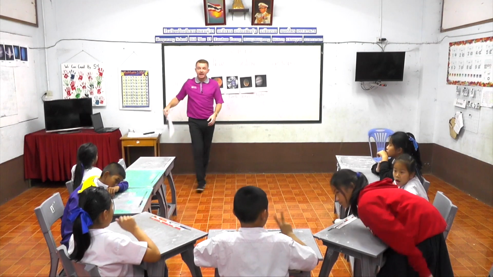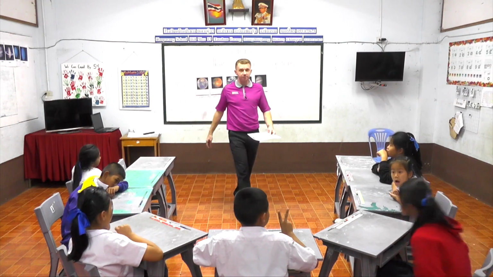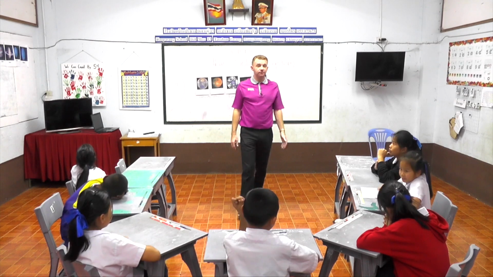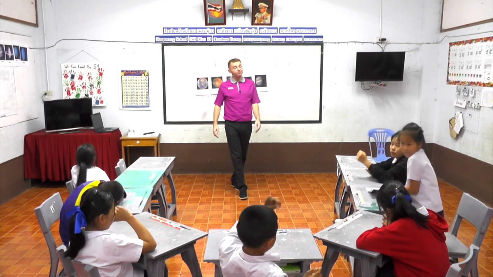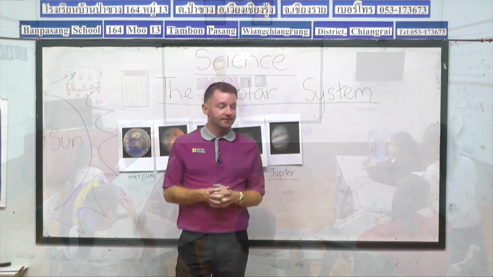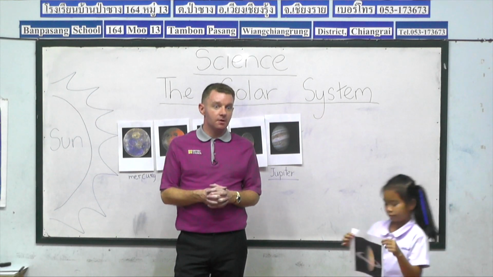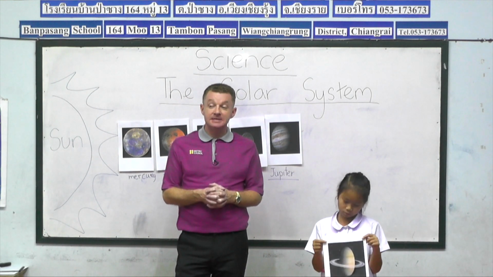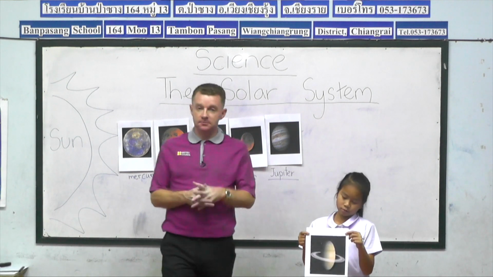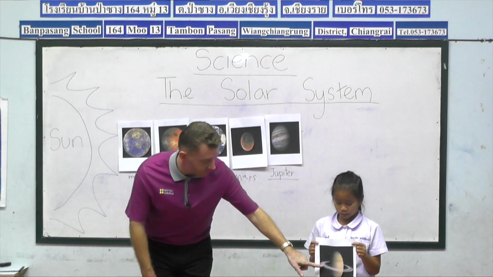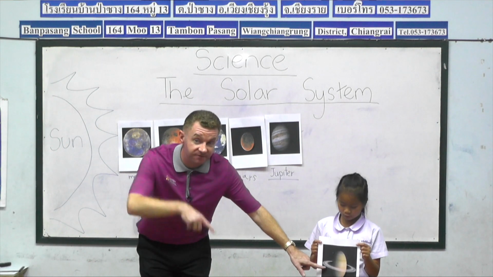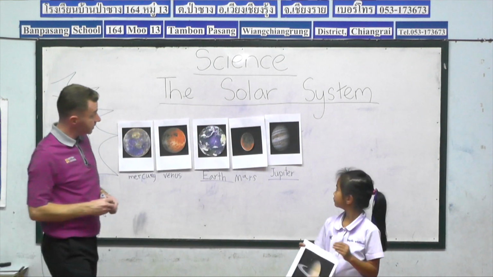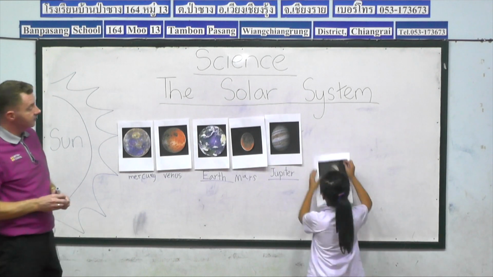And now for our next and perhaps most distinctive planet, we'll go with Prau. So Prau, come and bring your flashcard to the front of class, please. Let's have a look at Prau's flashcard. Who can remember the name of this planet? Saturn. And remember, we can tell Saturn is the only planet that has the rings around it. So Prau, can you place it in the correct position on the board?